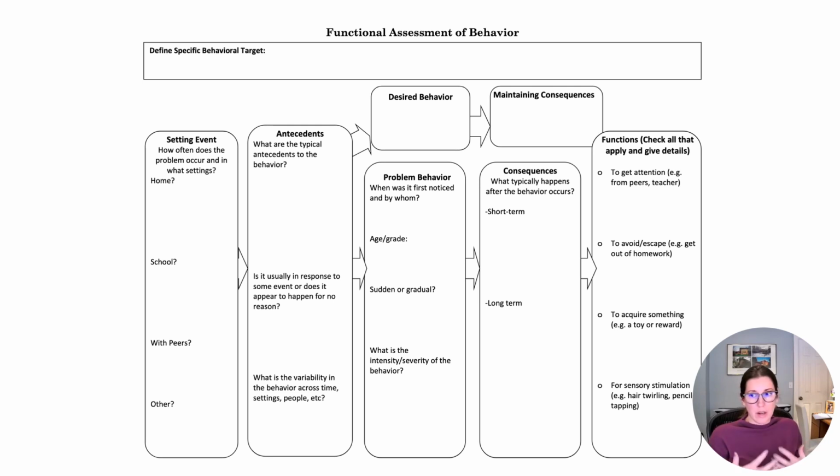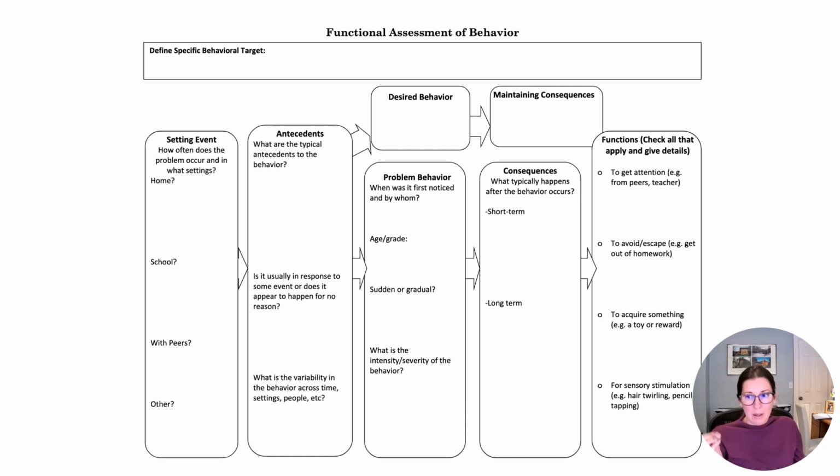What would the caregiver or the client prefer happen? A lot of times people want to get rid of or reduce problematic behaviors, but haven't really thought about what should happen in its place. What would be a more adaptive behavior, a desirable behavior? And so getting the caregiver or the client to articulate that can be really, really helpful.